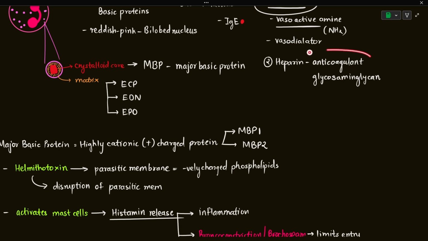That is why the heparin release is very important: anticoagulation will not let the blood clot there, and it will result only in the pus pocket and maintained blood flow in that particular tissue. So heparin, the anticoagulant, maintains blood flow to the inflamed tissue.